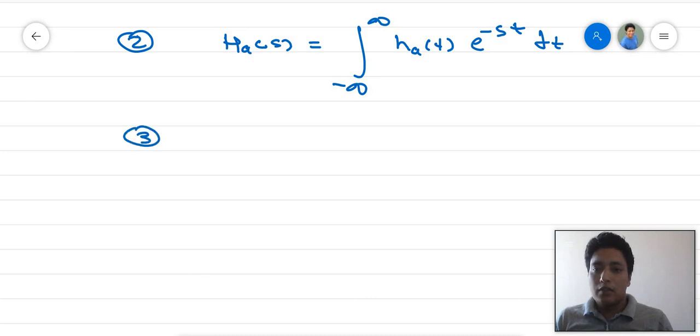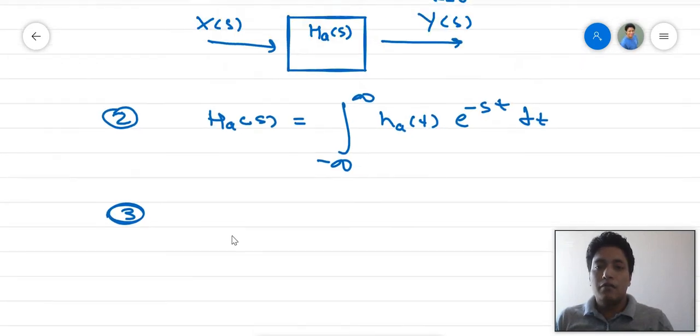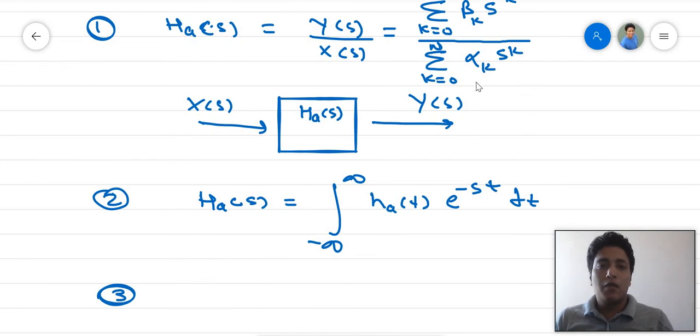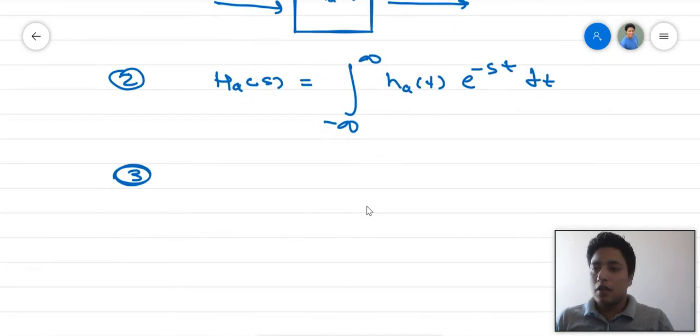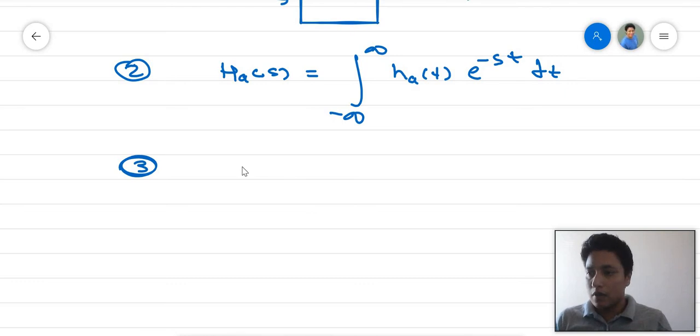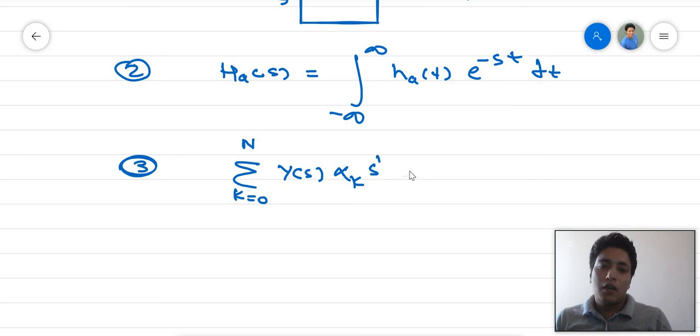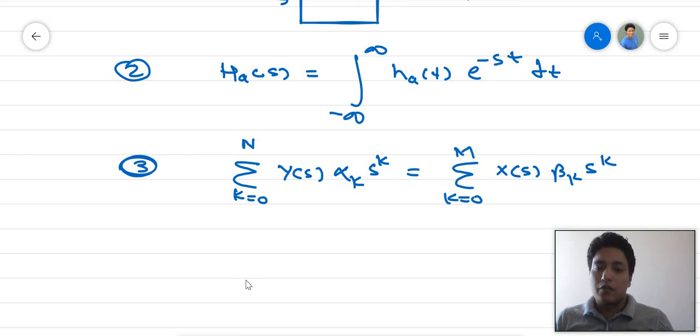And in the third case, which we can derive from part 1, we can multiply alpha_k s^k with Y(s) and X(s) with beta_k s^k, which will give summation k equals 0 to N of Y(s) alpha_k s^k equal to summation k equals 0 to M of X(s) beta_k s^k.